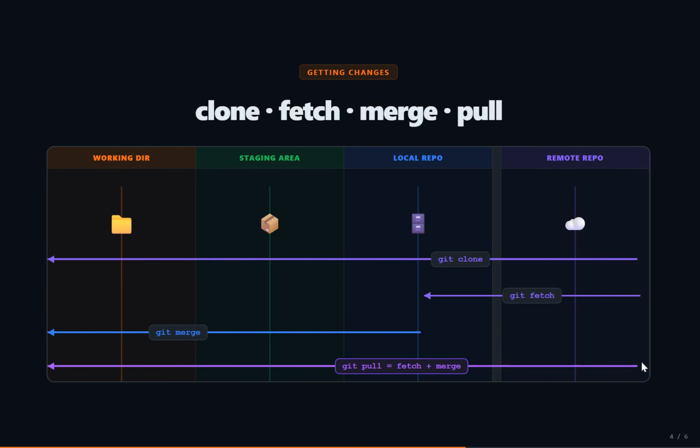It just updates your local copy of the remote branch. Then you have git pull, which is a fetch and merge in one shot, so your working directory gets updated. When in doubt, use fetch and merge manually, so you stay in control.